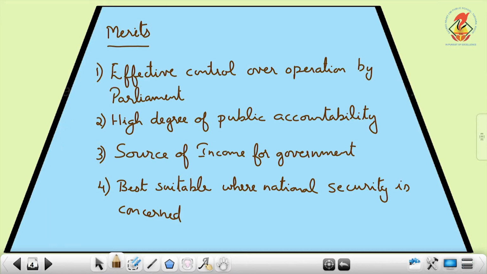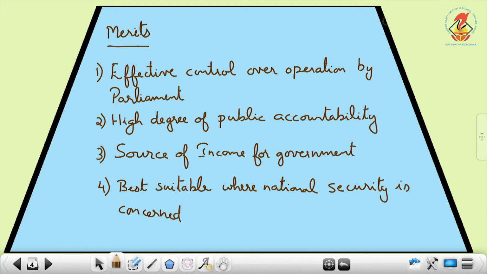Now coming on to merits. The first merit is that because it is a department under a ministry, there is effective control of operation by parliament. That means parliament through minister has direct control over the activities of a departmental undertaking. It is directly looking into that aspect.